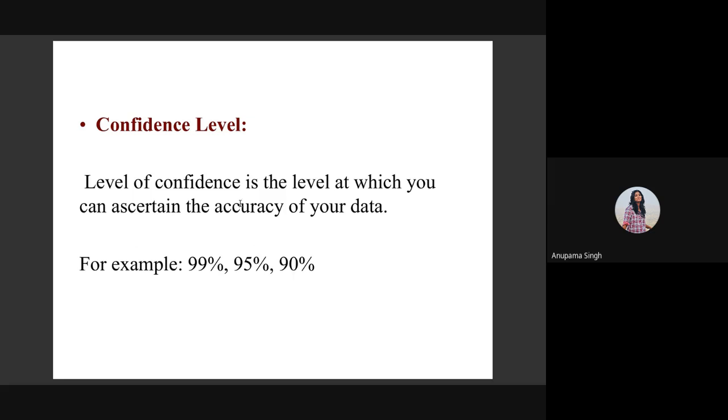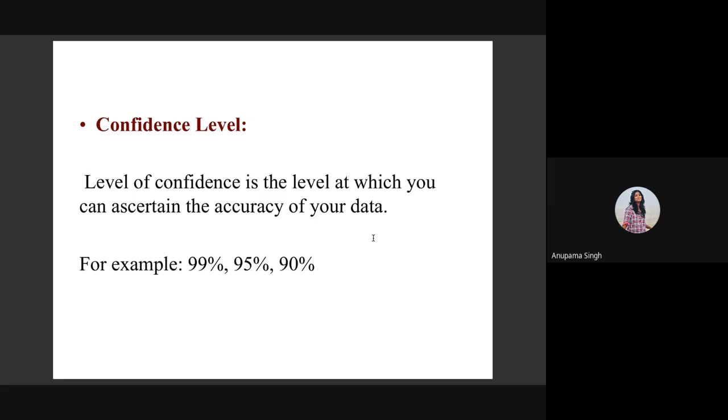So the level of confidence is the level at which you ascertain the accuracy of your data, right? The data that you are collecting should be accurate enough. For example, if you are taking a 99% confidence level, that means you are 99% sure that your data is accurate.